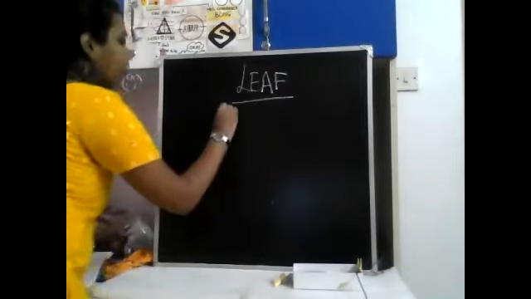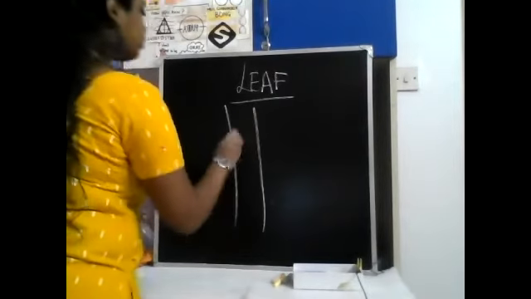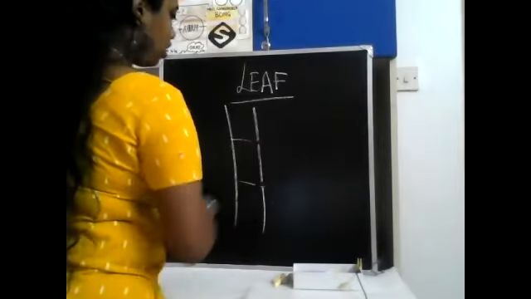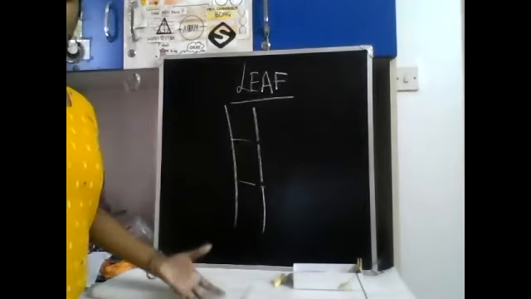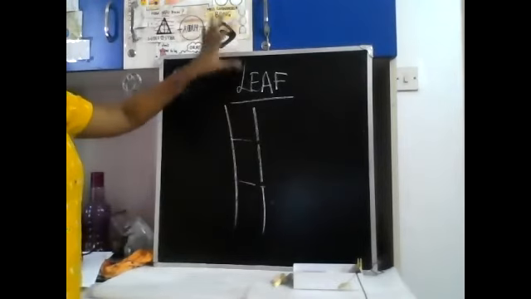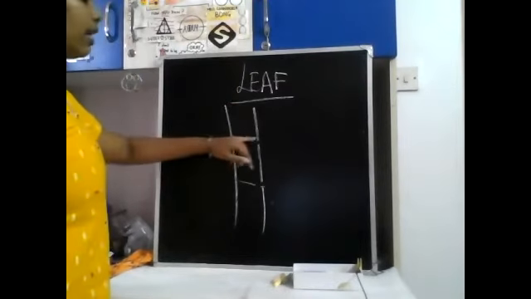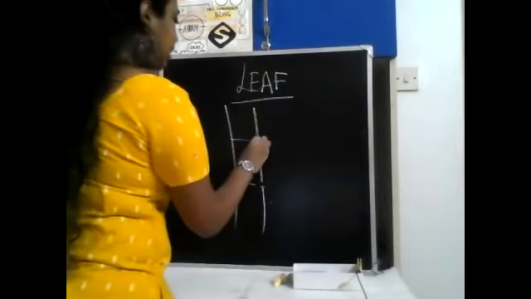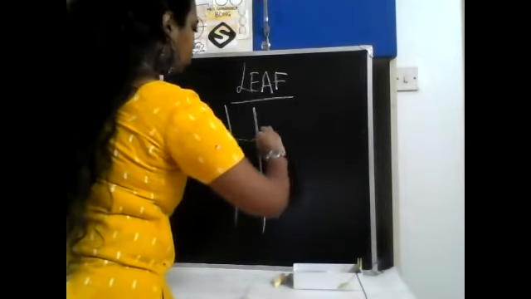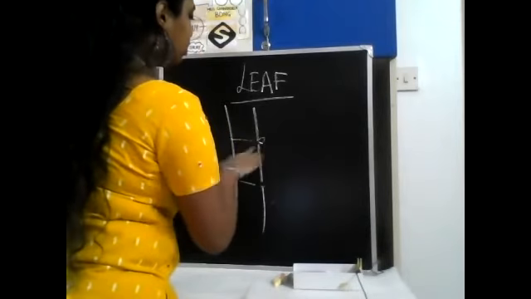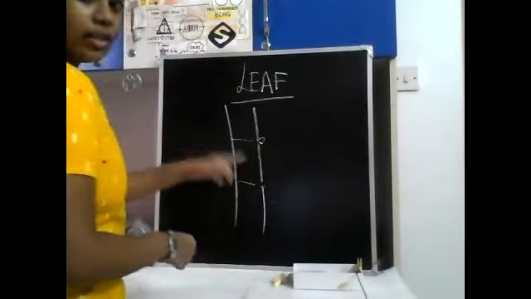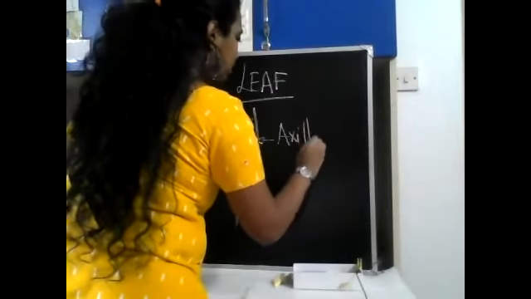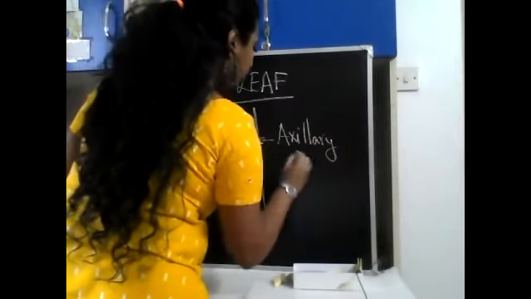So we have a stem, we have nodes. Certain meristematic cells, while the stem is growing, stay back at the nodes. The cells that stay back at the nodes will grow as a bud. This bud is called the axillary bud.